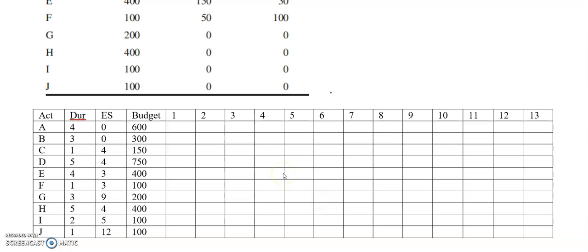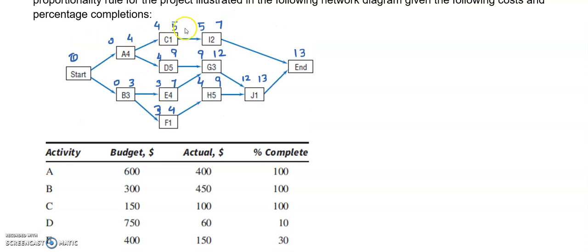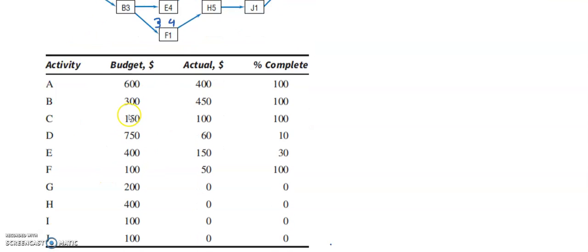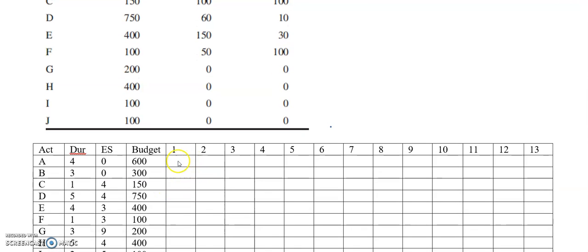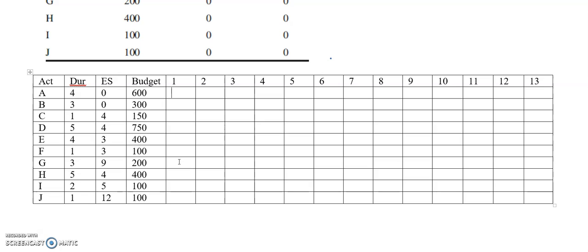Okay, here I have added the information about the activities, duration, early start, and budget. The early start information I have added from here, and the budget information from here. Now I will use the proportion method to assign this budget. The proportion method simply says that you take the total budget of activity A and divide it equally over its 4 days.